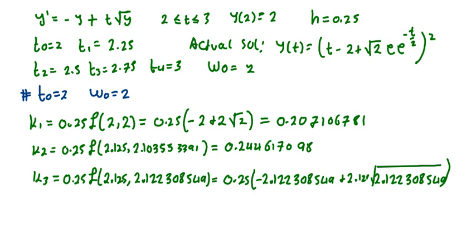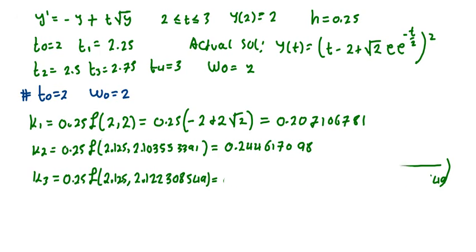So if you punch all of this on your calculator again, you're going to end up with something like, this is our K3 by the way, 0.2435577.